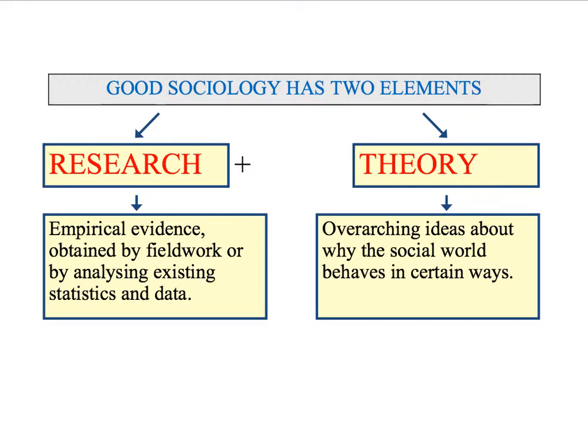On the one hand, it's got to be based on research, and of course in your research methods lesson we've started to look at some of the main research methods that sociologists use to gather data. And then the other key ingredient of good sociology is theory. Okay? And theories are simply ideas about how things work. So a sociological theory is simply a set of ideas about how society works.